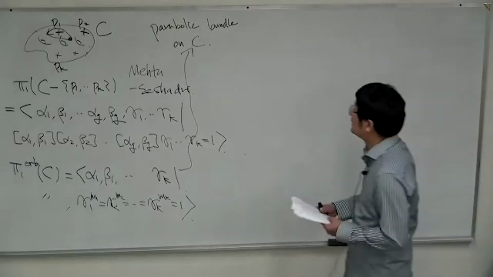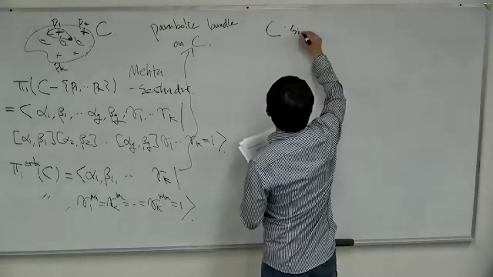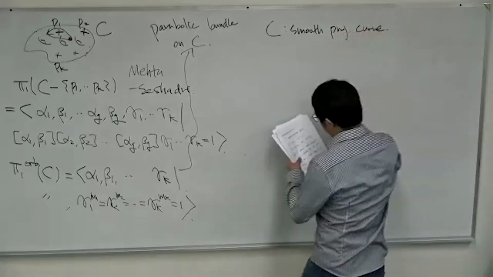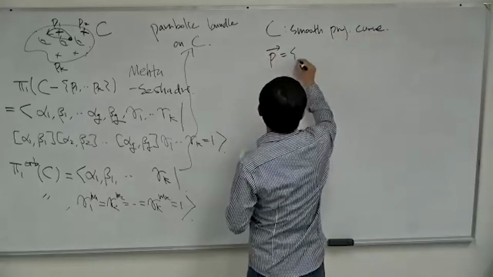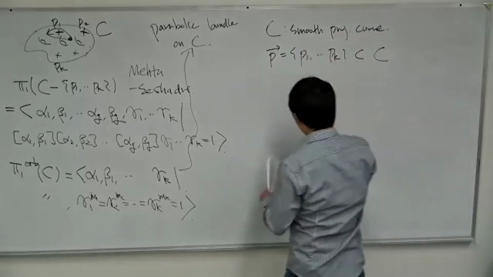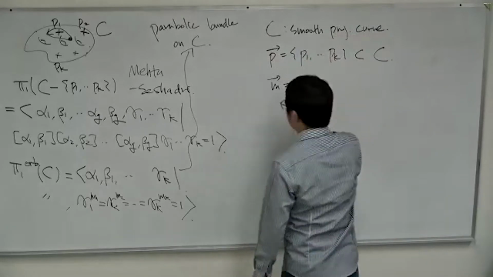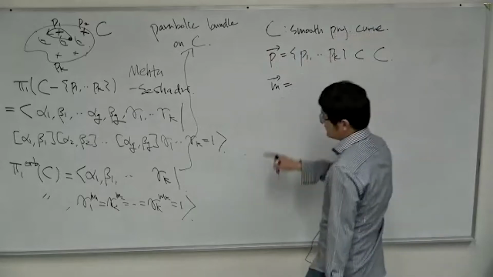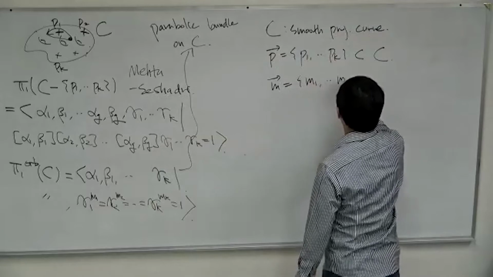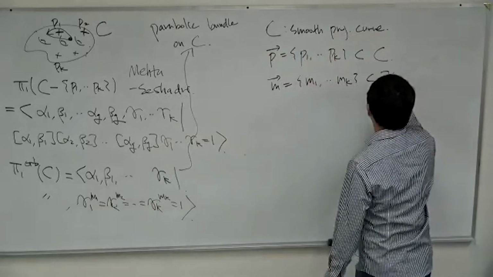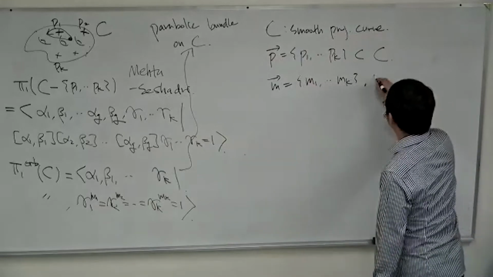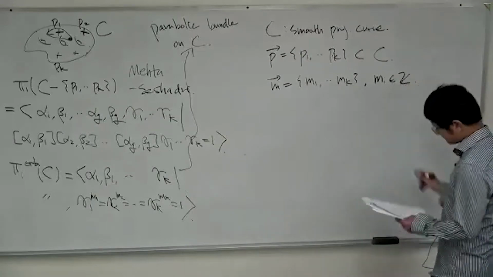So again, let C be a smooth projective curve, and P is a bunch of points, k points in C, and let m be the collection m1, m2, ..., mk. The right notion is that each mi is an integer.